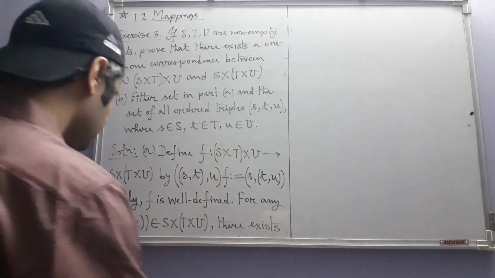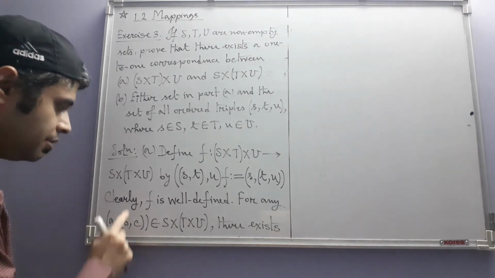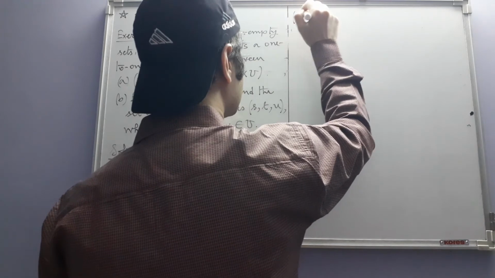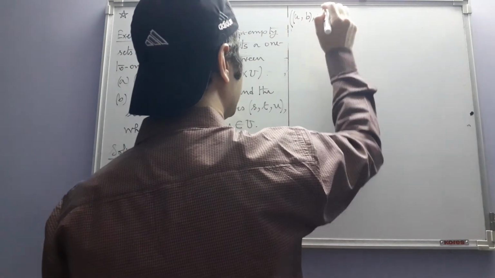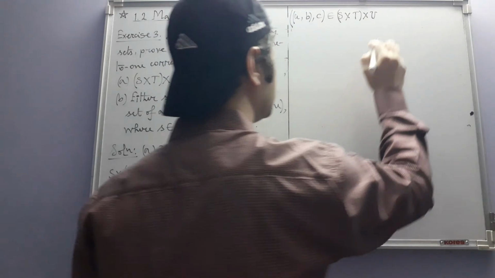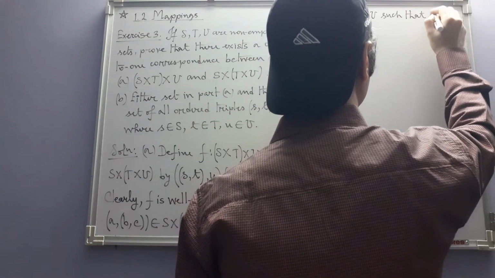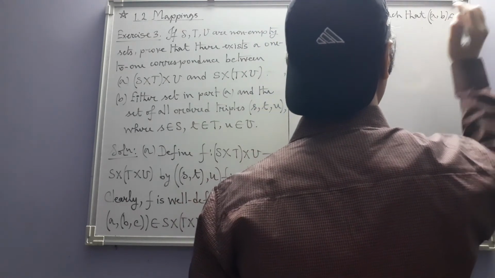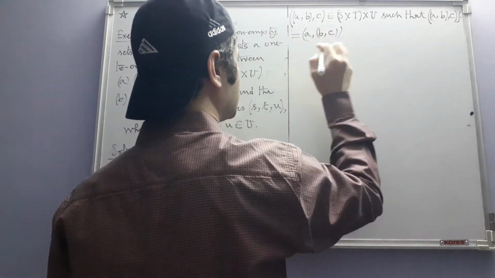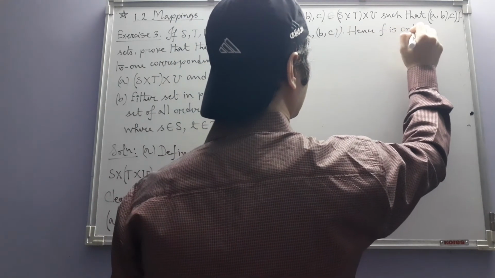Note that a belongs to S and (b, c) belongs to T cross U. So b belongs to T and c belongs to U. That means this ordered pair (a, b), c belongs to S cross T cross U, such that F of ((a, b), c) is equal to (a, b, c) according to our function. Hence, F is onto.